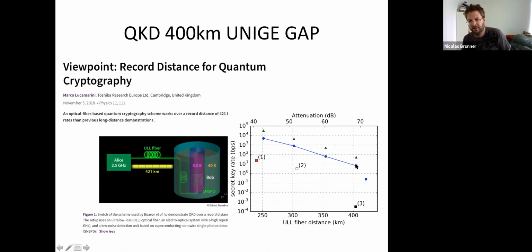And you see, this is amazing, but this is in fact very close to essentially the absolute limit for this type of protocols. So in fact, if I remember correctly, these green triangles here are a simulation of the performance of a setup where everything is essentially ideal.